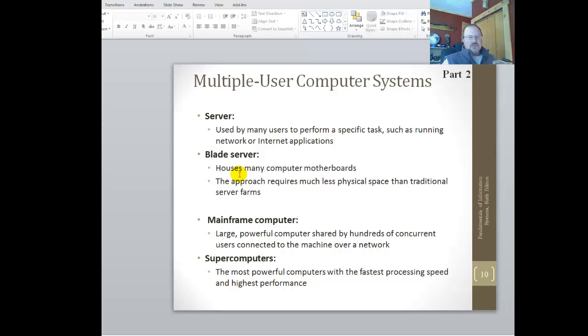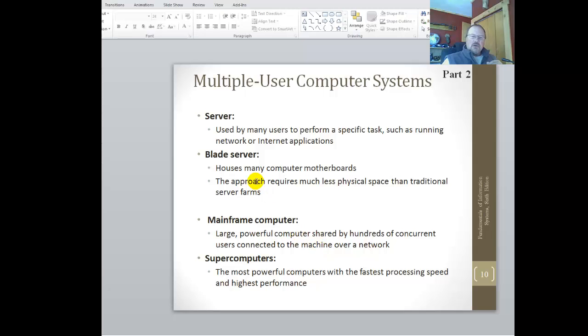So it's really an interesting thing, and it's really scalable. If you need additional power, you can just upgrade very quickly. So it's incredibly scalable.